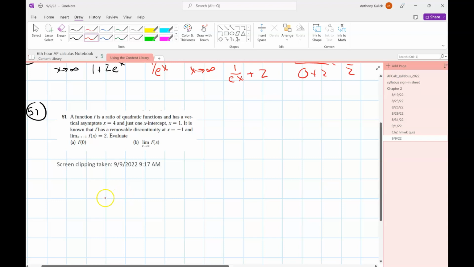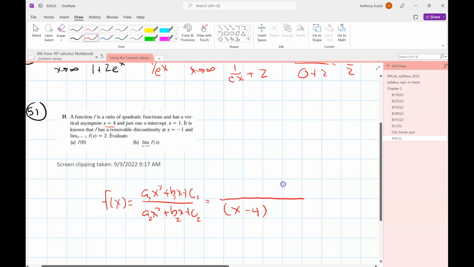So my function, I know, is like ax squared plus bx plus c over ax squared plus bx plus c. And maybe I should write a1, b1, c1, and a2, b2, c2, because they're different a's, b's, and c's, right? If there's a vertical asymptote at 4, that tells me that my denominator must have contained a factor of x minus 4.